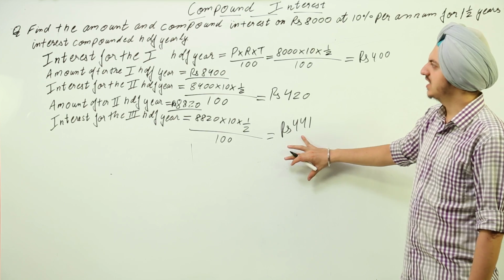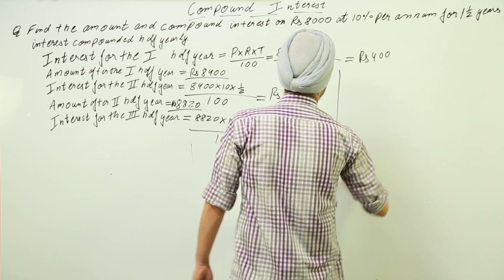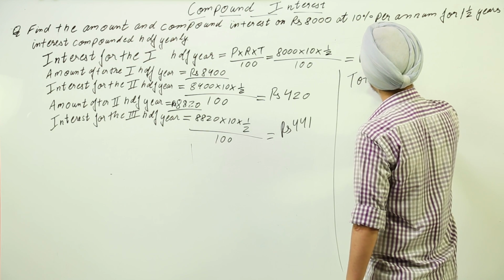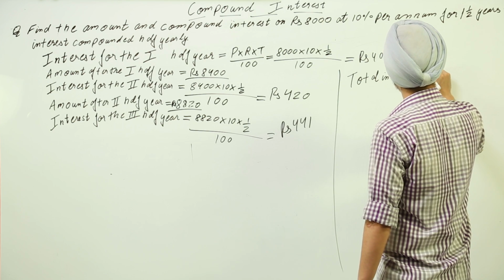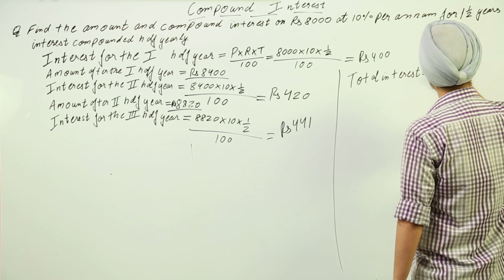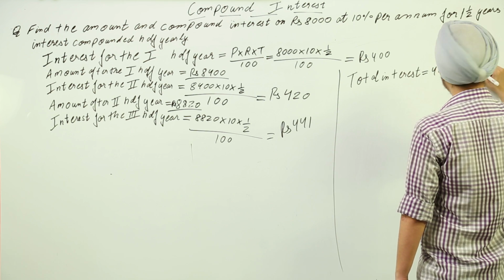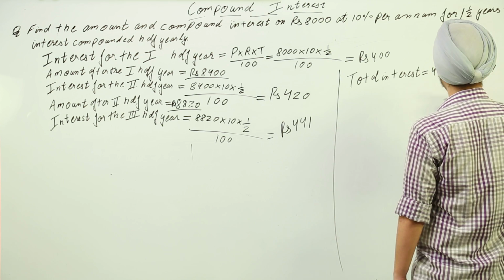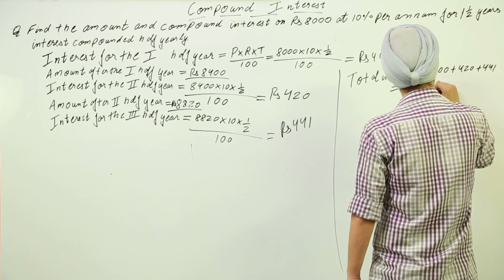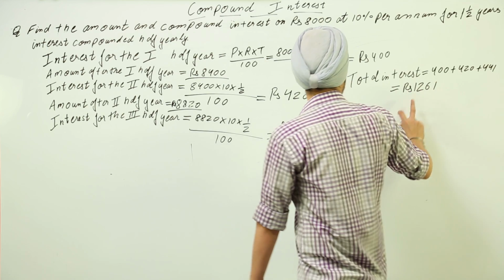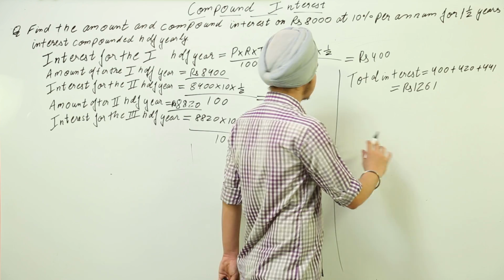This is the interest after the third half year. So we have the total interest equal to rupees 400 plus rupees 420 plus rupees 441, which comes out to be equal to rupees 1261. So 1,261 rupees is the total interest.